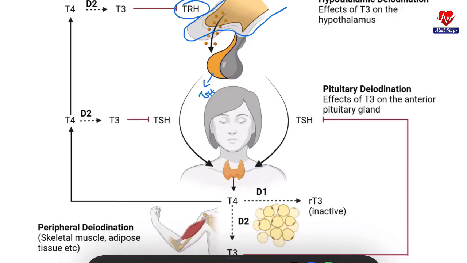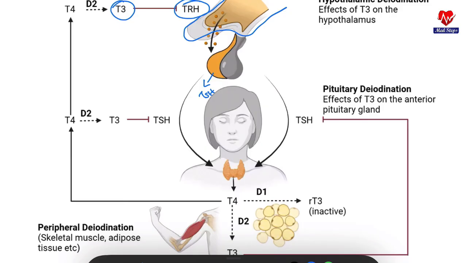Thyroid hormone synthesis involves iodide trapping, oxidation, organification, MIT and DIT formation, and then coupling, forming T3 and T4, and then release.